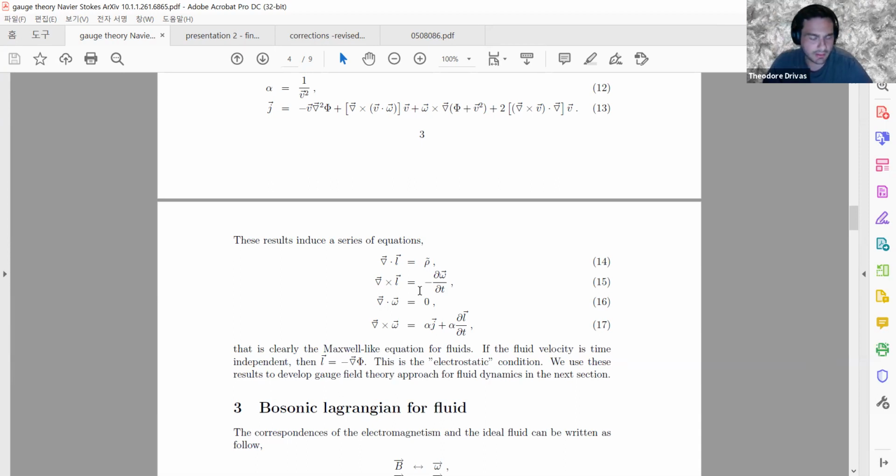Here you take the Euler equation and you put one term on one side, the other term on the other side, right? That's what these are. For example, equation 16 is just a vector calculus identity. Equation 15 is just the curl of the velocity equation. All of these are just basic consequences of the equations.